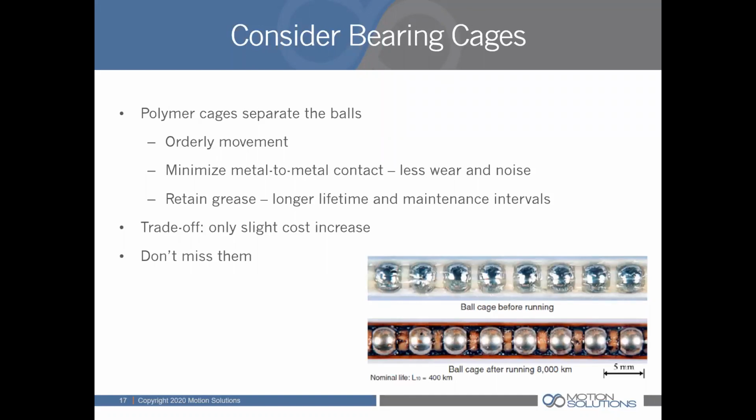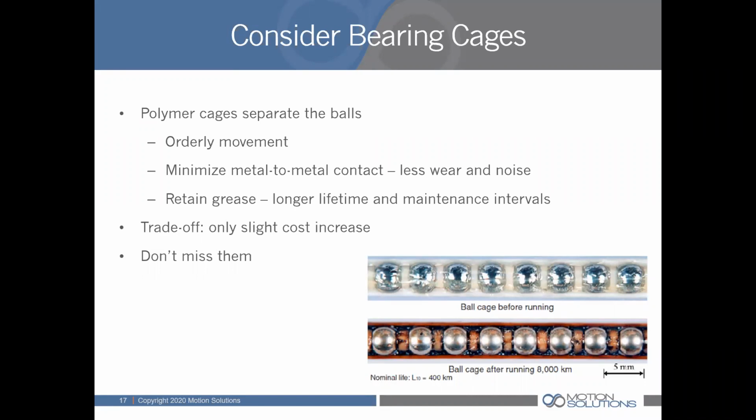One thing that's really important to keep in mind is most bearing types are now available with a ball cage. In the past, this was not available, and the lubrication intervals were really important. If you didn't re-lubricate your linear guide and they ran dry, you would have a catastrophic failure.